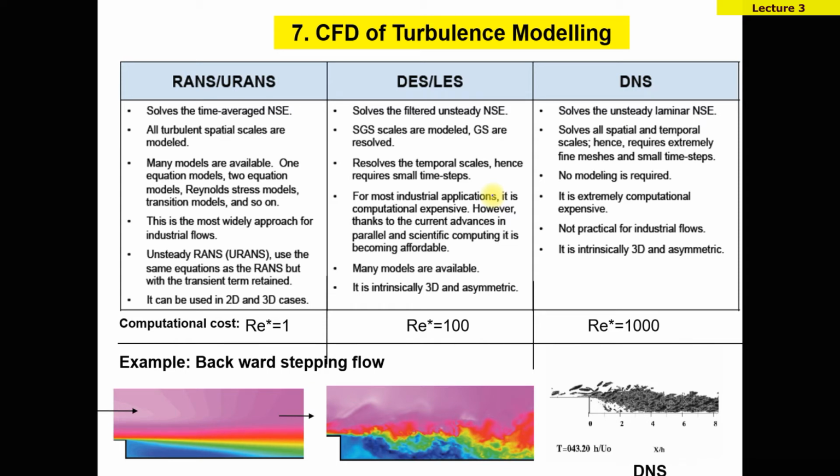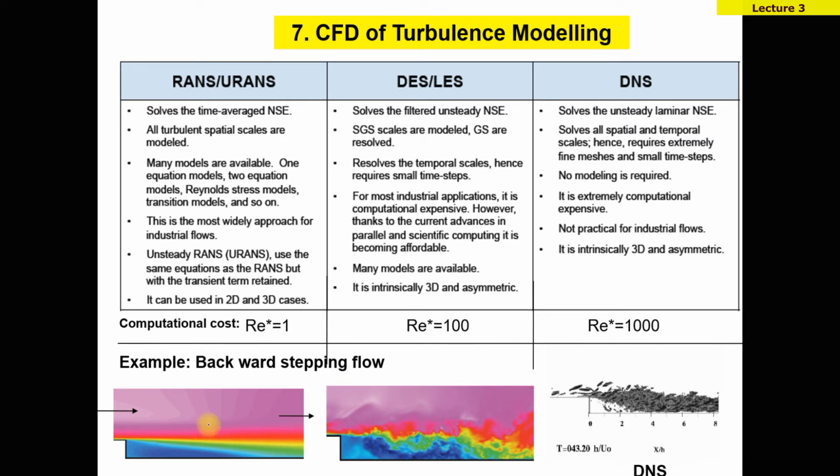Then the cost for LES will be 100 rupees, 100 times the cost, because of more resolution, more hardware, more data, more time for the analysis. DNS cost is high because we are resolving all the eddies without approximation. Its cost is very high and it needs a supercomputer.